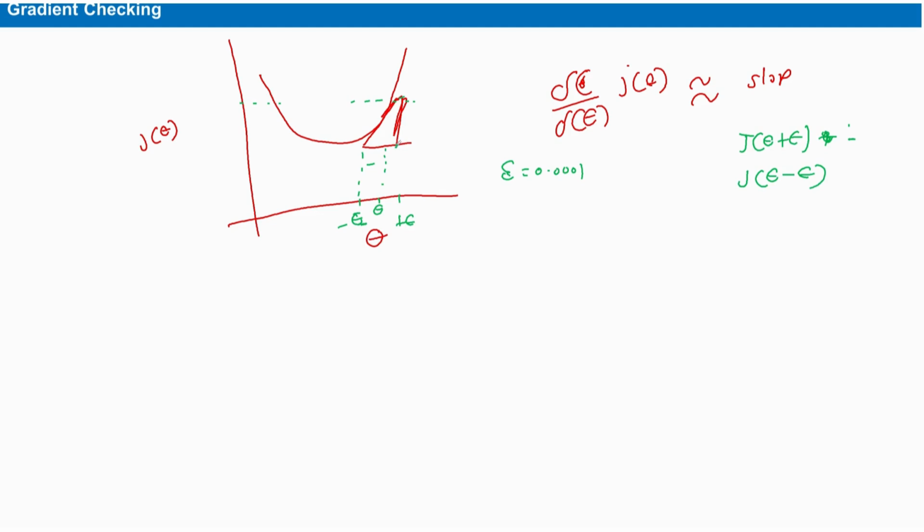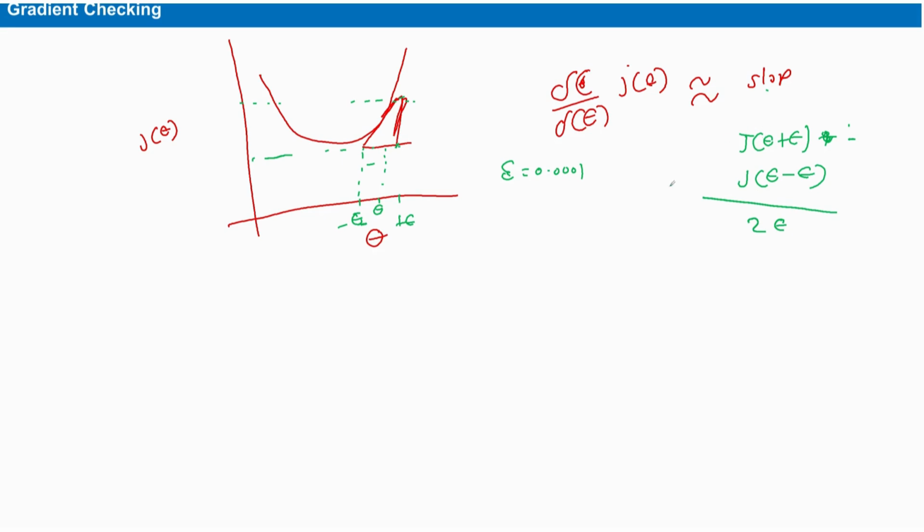Theta minus epsilon is this point, so it gives this particular height. Divided by 2 epsilon, which is the width, we get the slope.